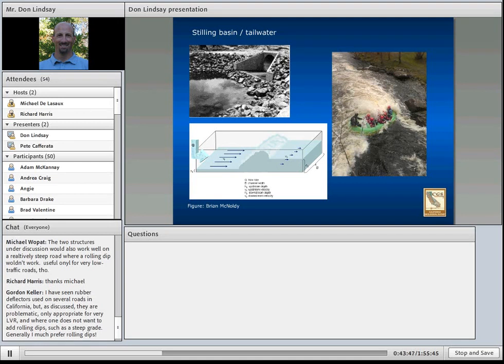I acknowledge that on steep slopes, it would require a special set of circumstances for stilling basins to be an effective energy dissipator at the outlet of cross-drain pipes and overside drains.